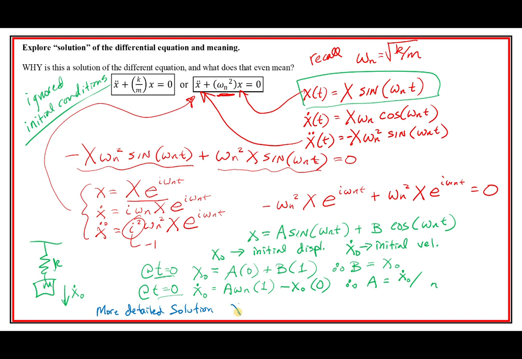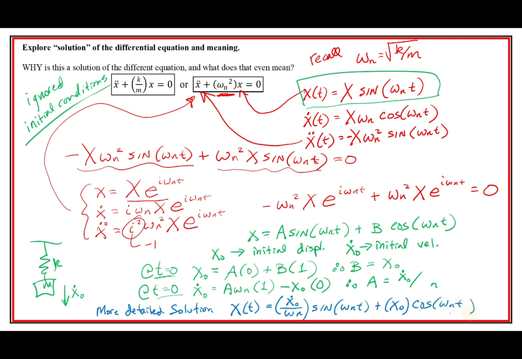So we would have x as a function of time equal to the initial velocity divided by the natural frequency times the sine of omega nt. And then you'll also have the initial position times the cosine of omega nt.